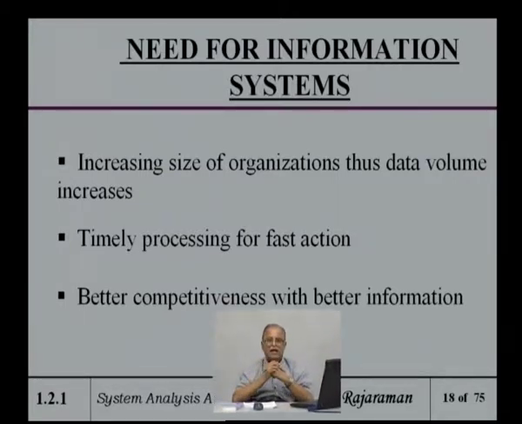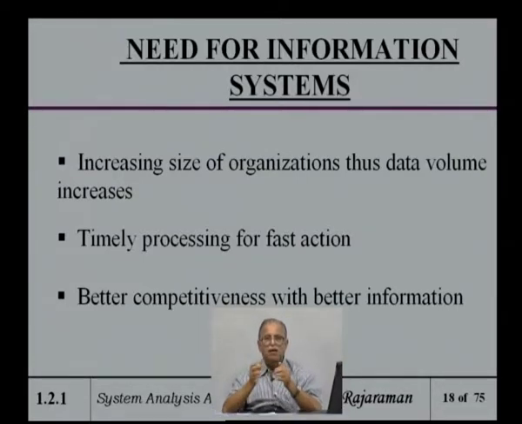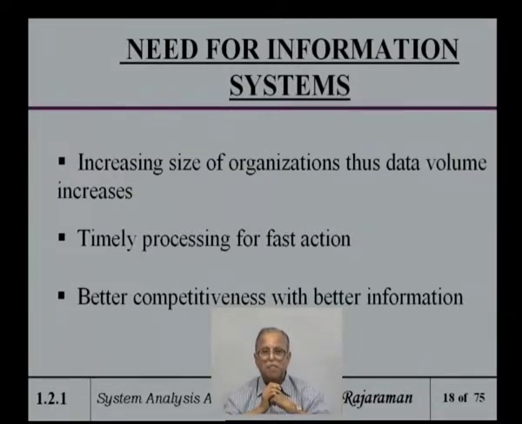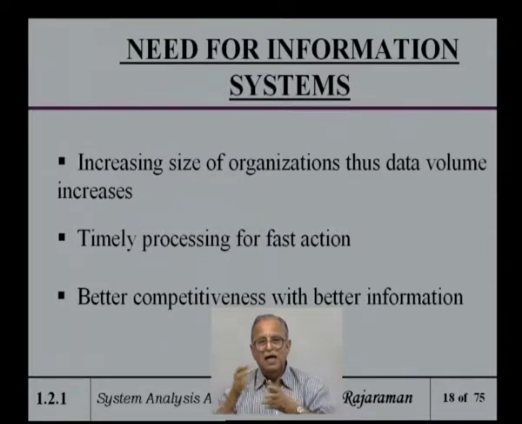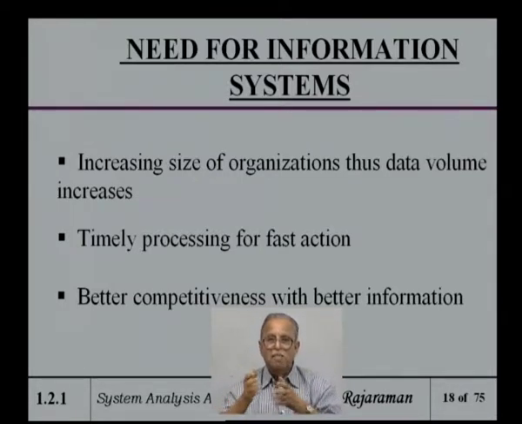Like in the case of a reservation system, the long queues were reduced and you had more counters, and more people can work simultaneously, because instead of all these manual registers, the entire reservation status is in a database in a computer. When it is a computerized database, many people can refer to that database simultaneously, and not only in the same city.